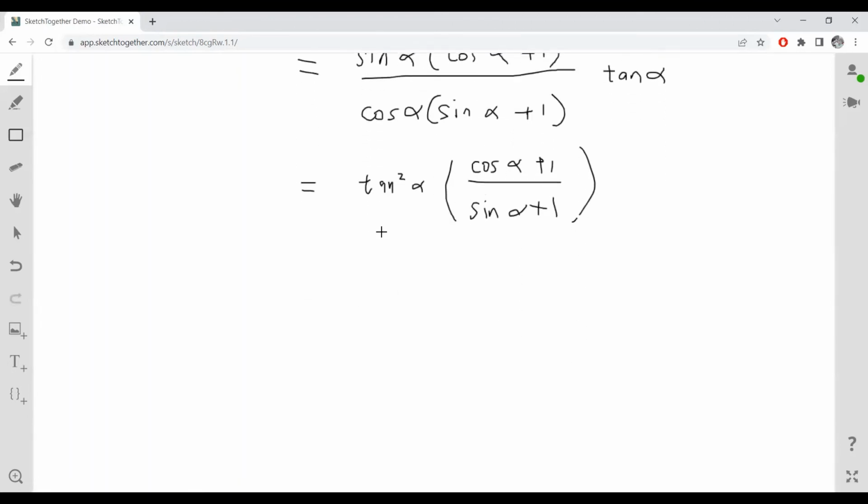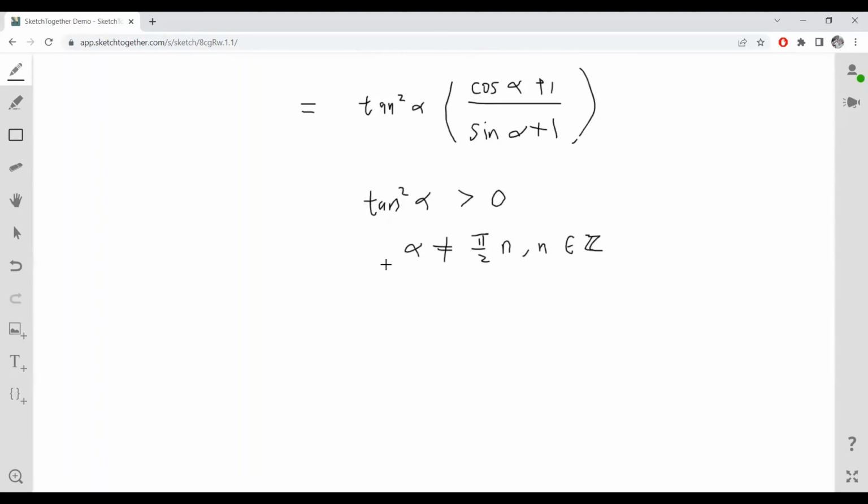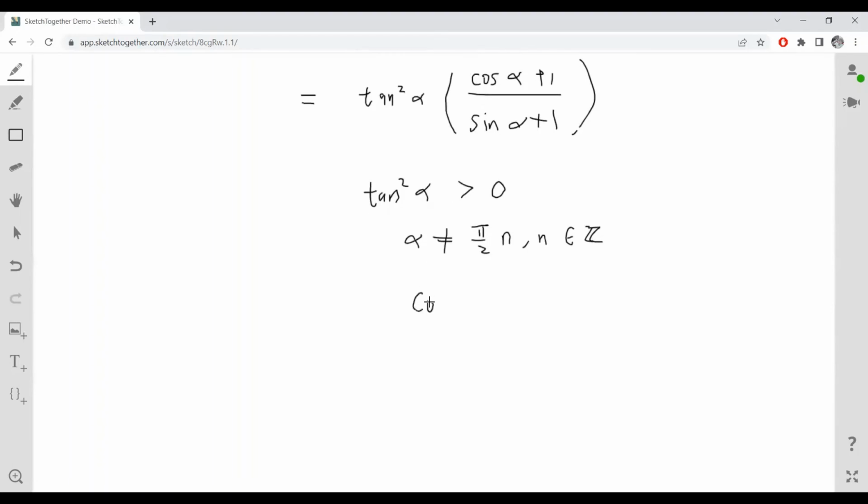So now we see that tangent squared alpha is greater than 0, because we know that alpha does not equal pi over 2 times n, where n is an integer. So we don't have to worry about tangent alpha being undefined or 0. So we can safely say that tangent alpha squared is greater than 0, since any number squared is a positive number. Okay, now we have cosine alpha plus 1.